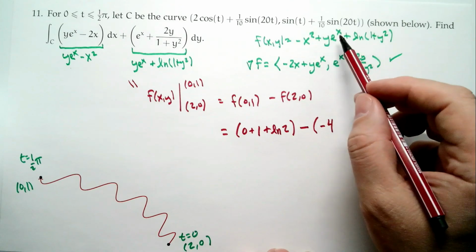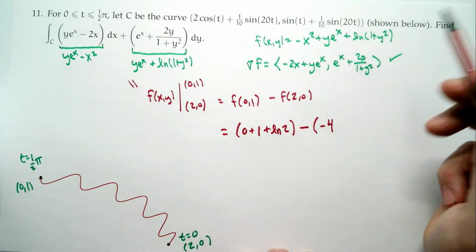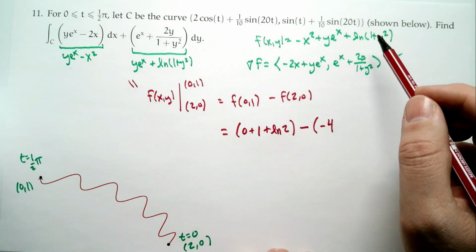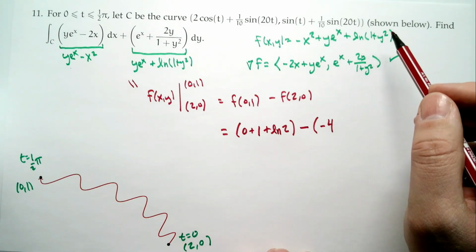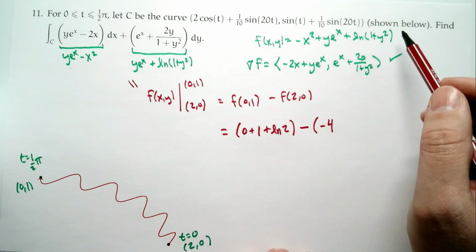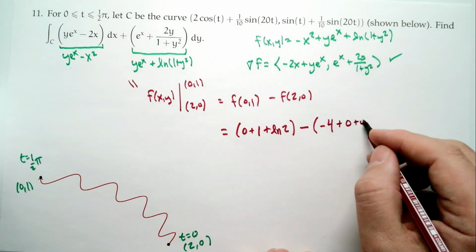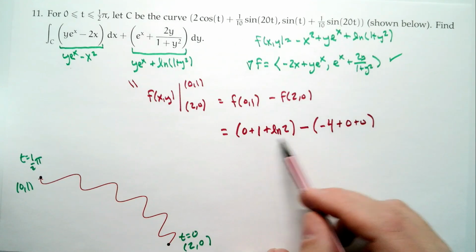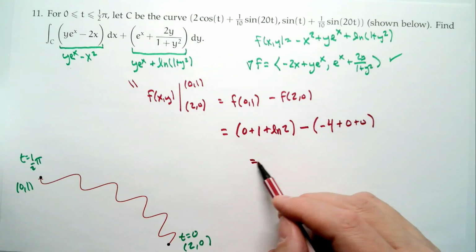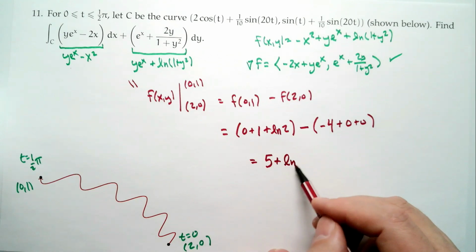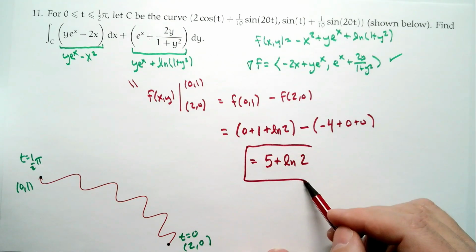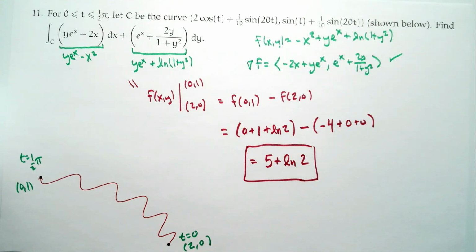Then we're going to get 0 times e squared, well, that's 0. Then we're going to get log of 1 plus 0 squared. Well, that's log of 1. That's 0. So 1 minus negative 4 is 1 plus 4 is 5, and then plus natural log of 2, and we're done. That's our answer.